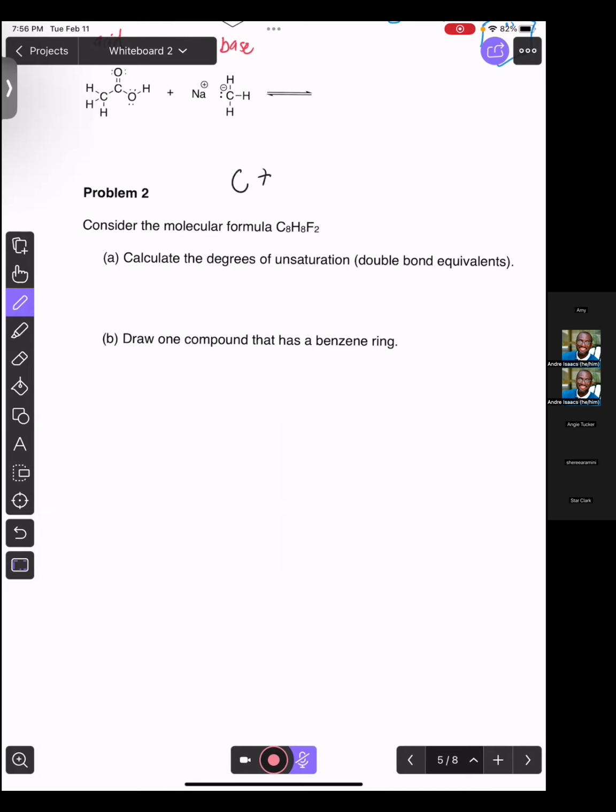The formula is the number of carbons plus 1 minus half of the number of hydrogens plus the number of halogens, minus the number of nitrogens. When we say halogens, halogens are really fluorine, chlorine, bromine, iodine.